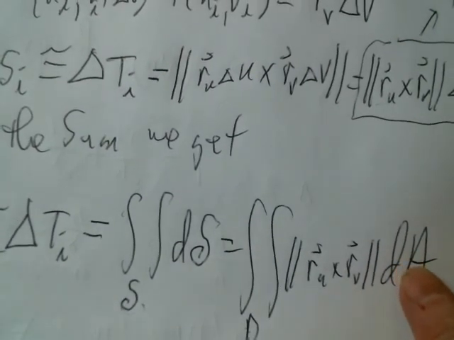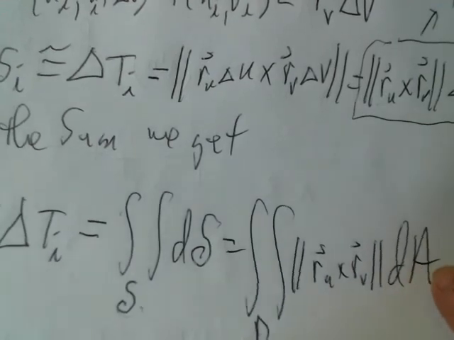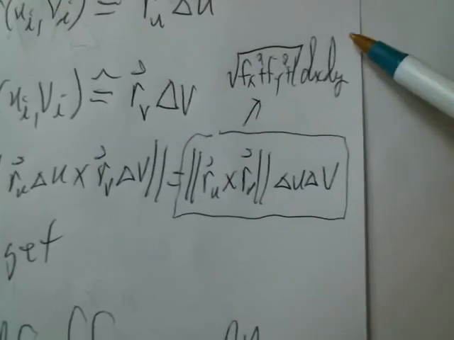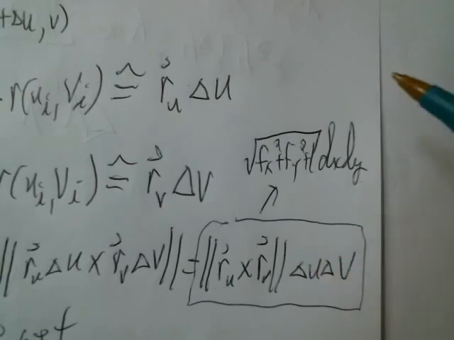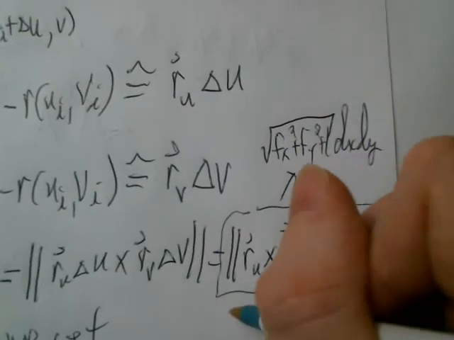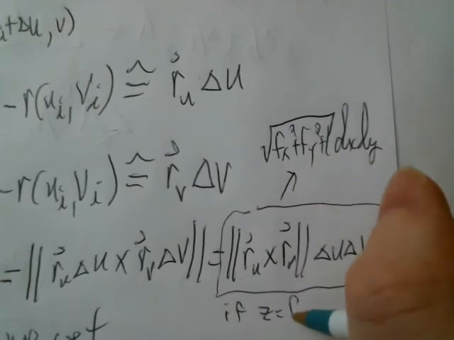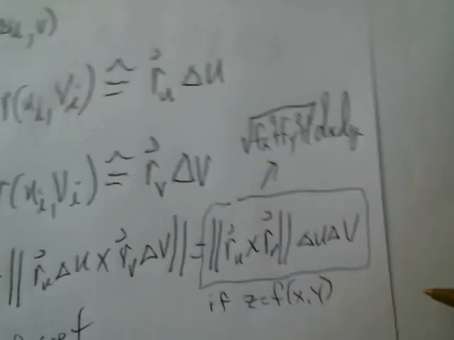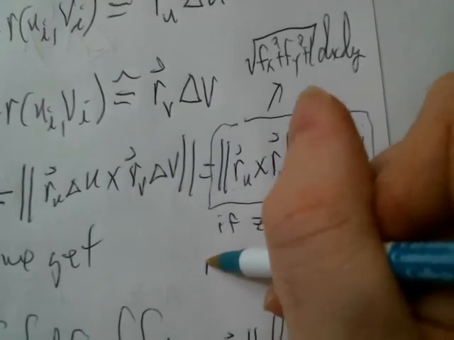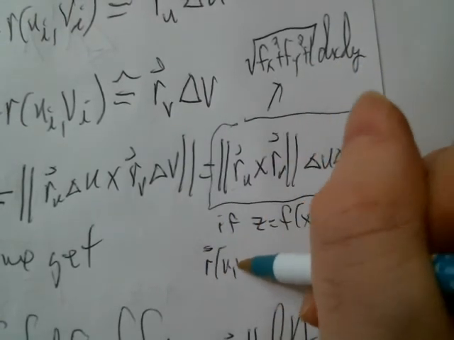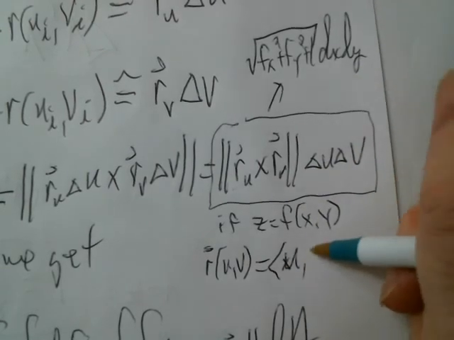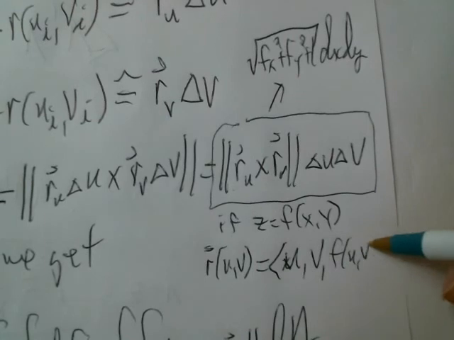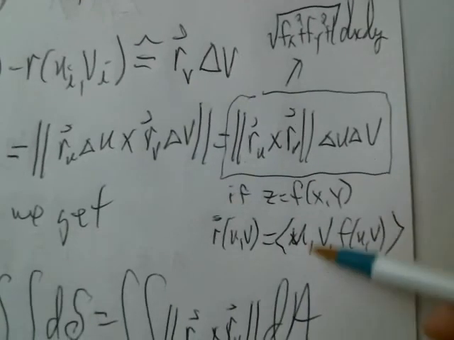Okay. One note the book makes is that you can kind of connect these two. If you have z equals f of x comma y, and then you rewrite your vector valued equation r of u comma v as u comma v comma f of u comma v, you're going to be able to use this.